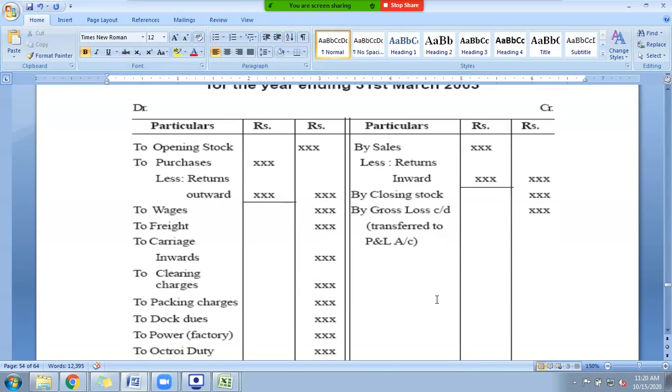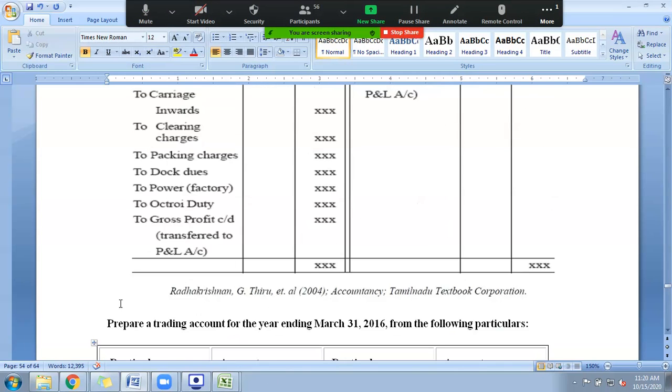Okay. This is the pro forma for your understanding. And today's assignment is this. You should write the pro forma of your trading, P&L and balance sheet. That's it. Okay. So let us listen.